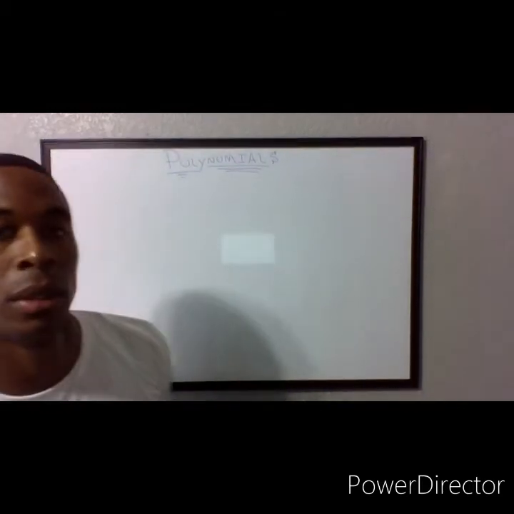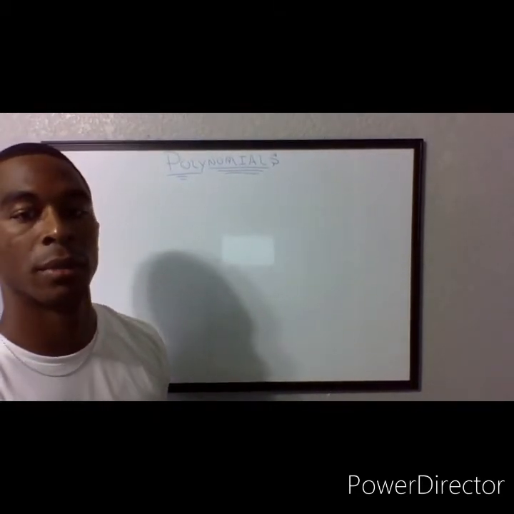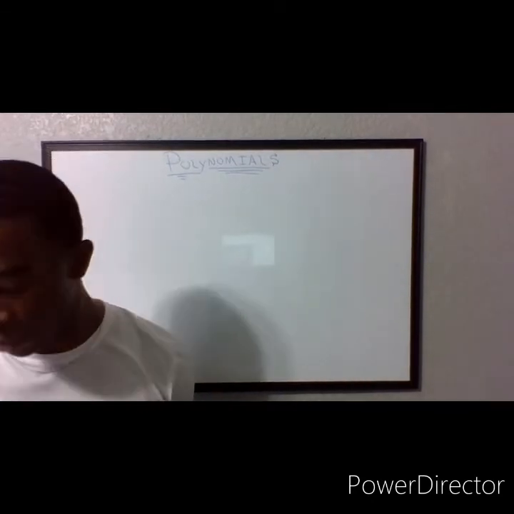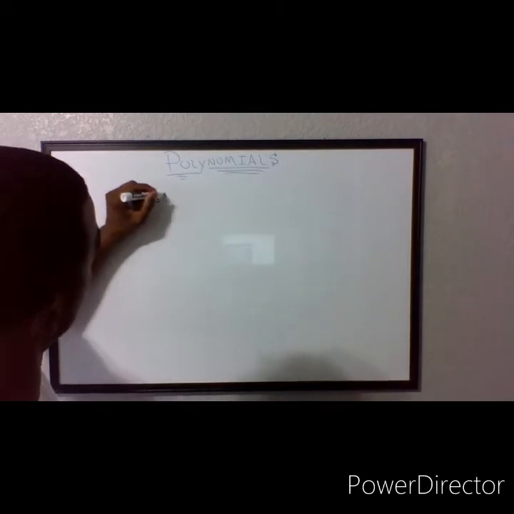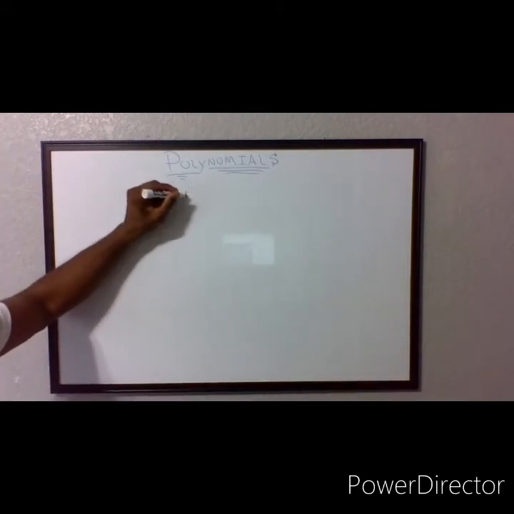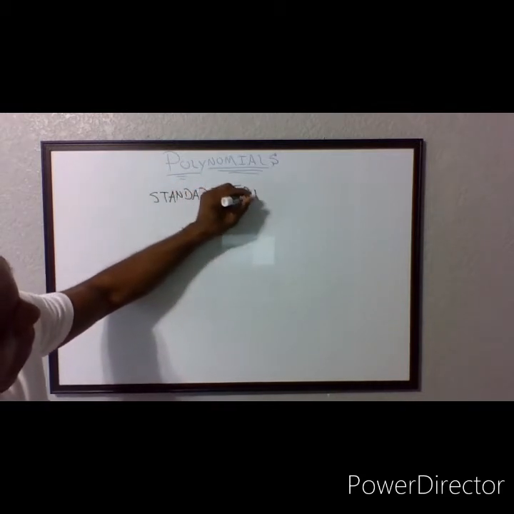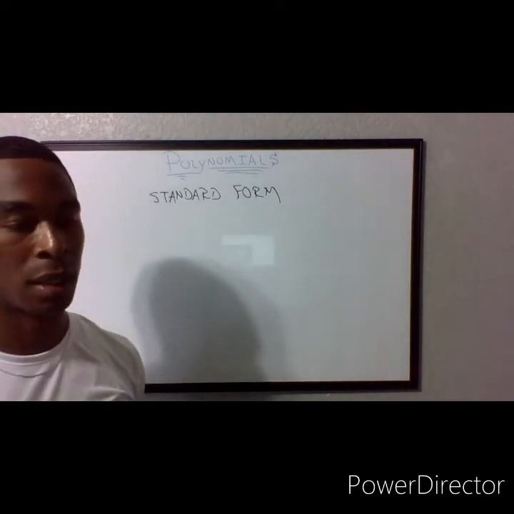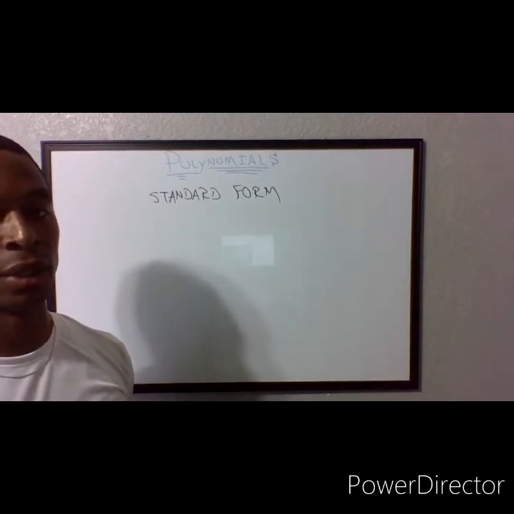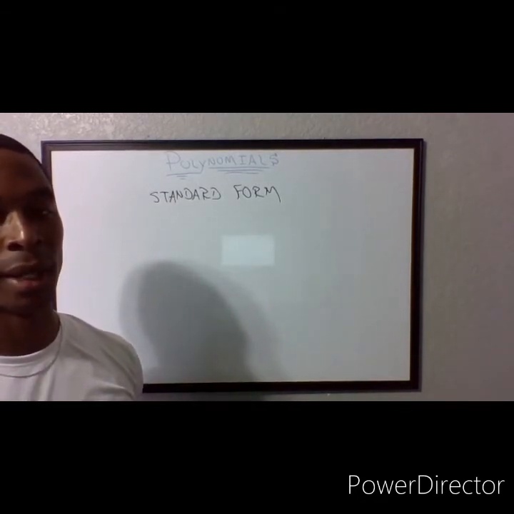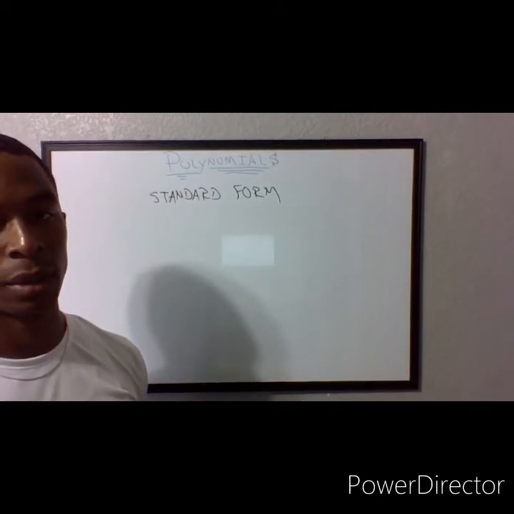Alright, so the last thing we're going to learn about when it comes to polynomials is called standard form. Standard form is the way the equation must be written, putting the terms with the highest degree first.